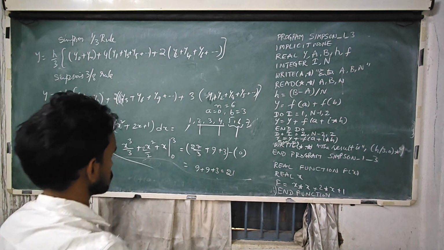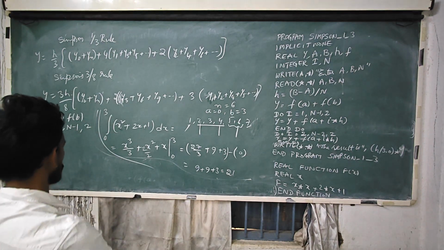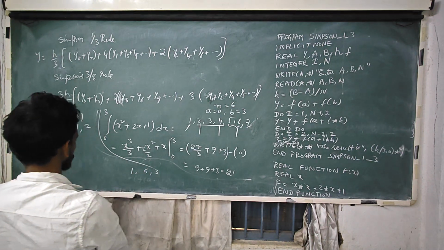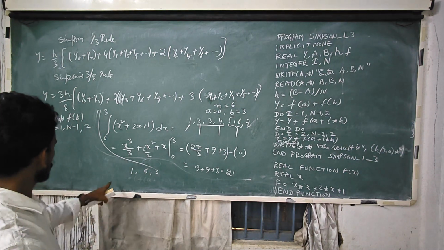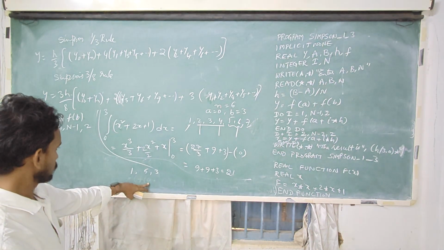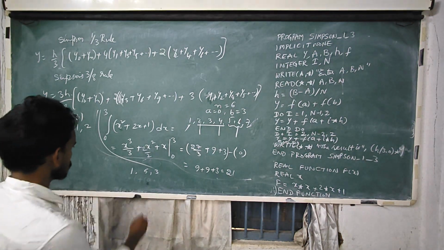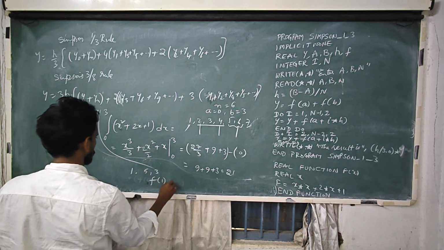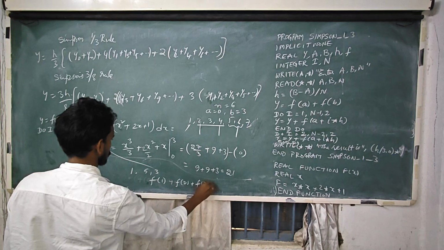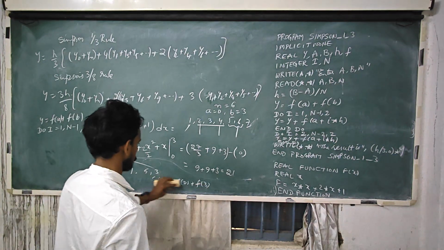I equal to 1 to n minus 3. If I keep 6, 1 to 5. What does it give? F of 1, y1, y2, y3.